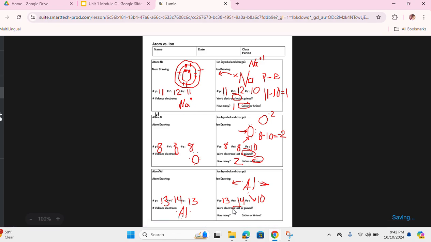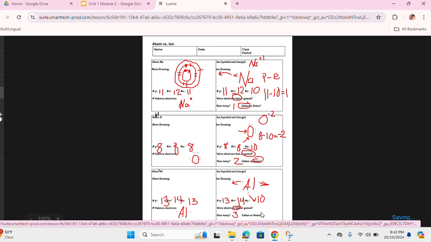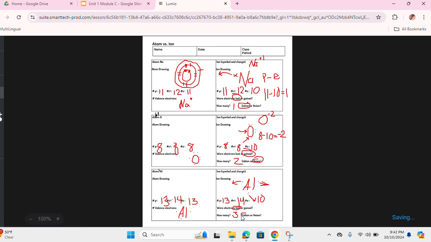So 3 electrons are lost, and that gives me a net positive charge. So it makes it a cation. How do I know it's a positive charge?